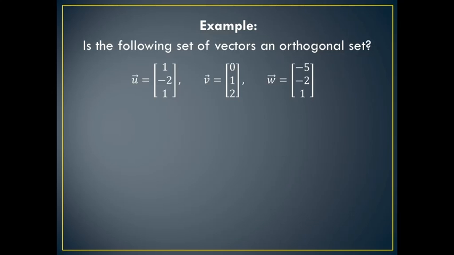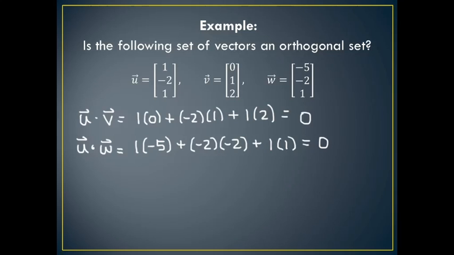Now if you paused the video, you'll have computed the dot products u dot v, u dot w, and v dot w. I'll start with u dot v: 1 times 0, -2 times 1, 1 times 2, add them all together and I get 0.